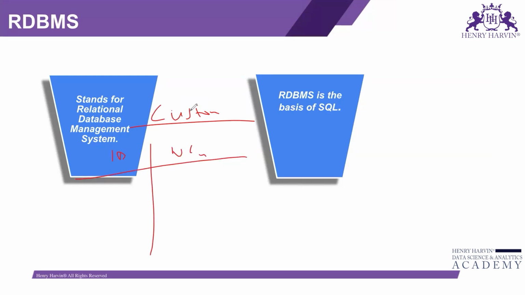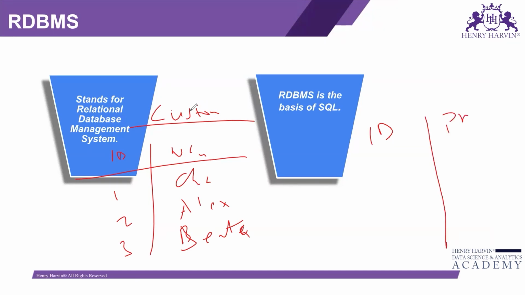It will be ID 1, maybe Charlie, ID number 2, let's say Alex, ID number 3, let's say Benta, in that manner. Then let me say I also have a table of the products that are purchased. So I'll have the ID, and then the product that was purchased.